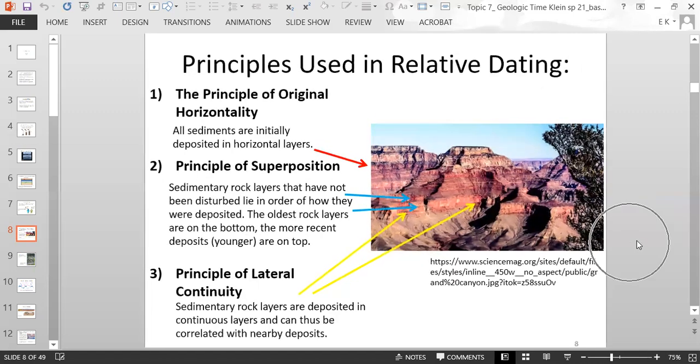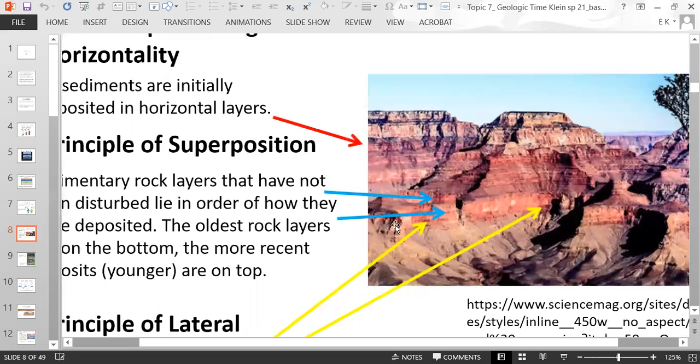So when we look at this rock layer that I'm pointing to with the yellow arrows, the first arrow to the left is pointing to a particular rock layer. And then if you trace that rock layer all the way to this yellow arrow, it's pointing to the same layer.